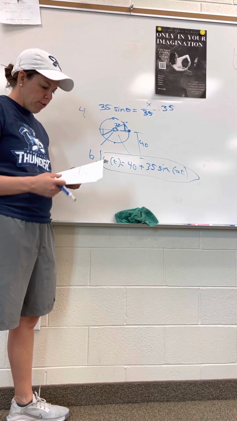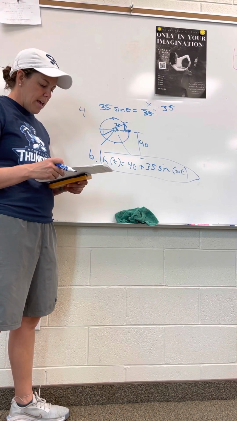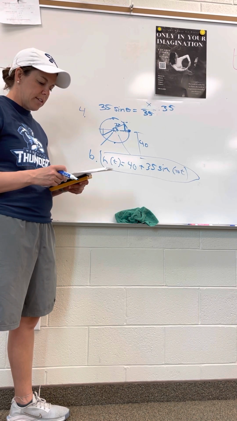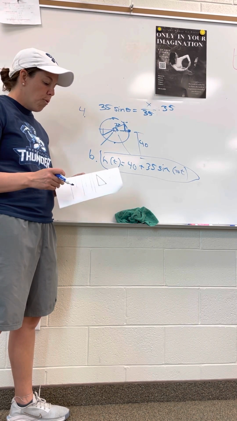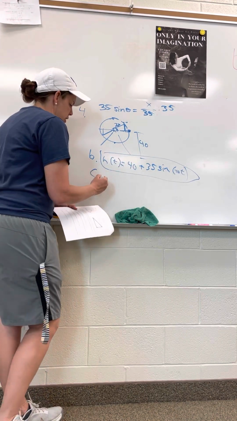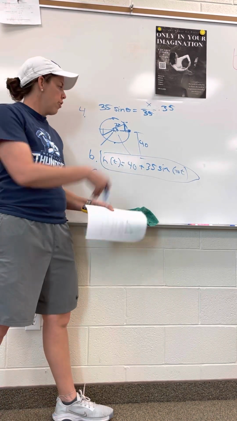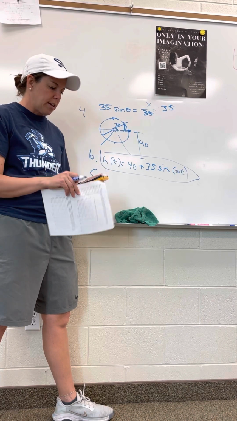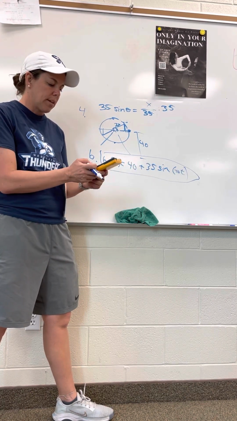So C, if you get on the Ferris wheel and it stops at 42 seconds to let more riders on the ride, what is your angle of rotation? So it's going away from that formula. C just wants to know, all right, so you're on there for 42 seconds. What is your angle? Okay?